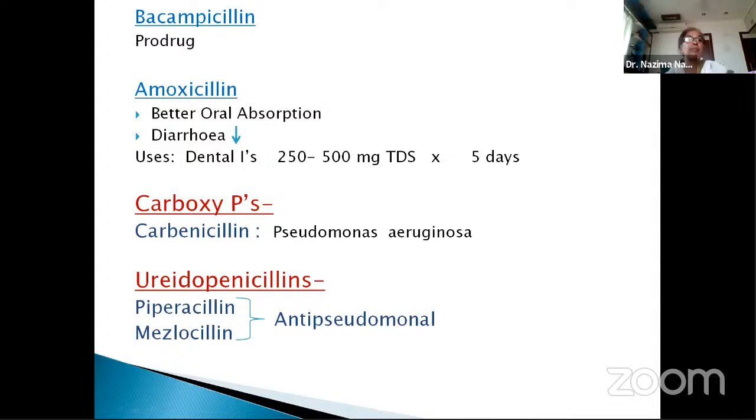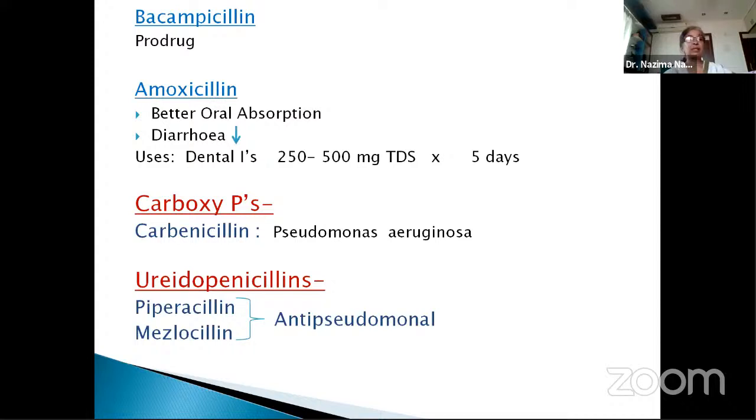However, as compared to ampicillin, it has a better oral absorption and there are fewer chances of diarrhea with this drug. Again, the frequency of administration is less.